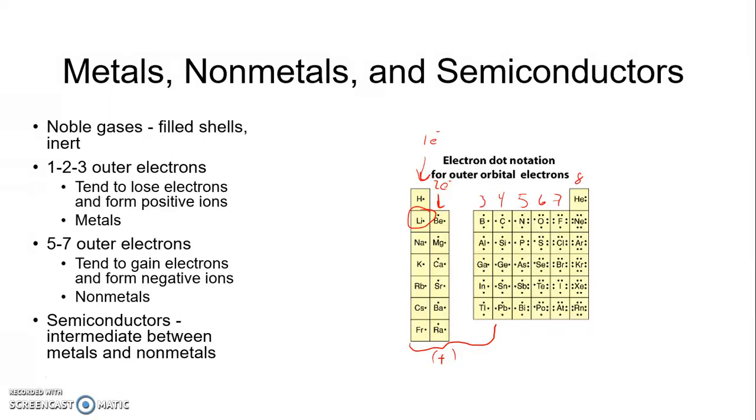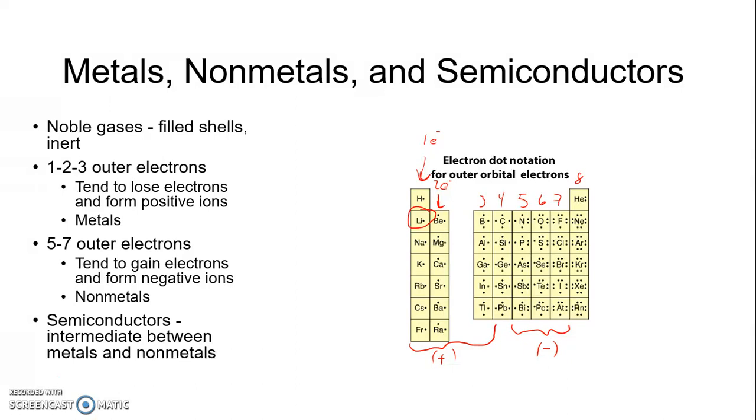Now, if you go on the other side, if you have 5, 6, or 7, then it's more likely to gain electrons to fill the 8 for the outer shell. And since you have more electrons, that's going to be more likely negatively charged, or negative ions.